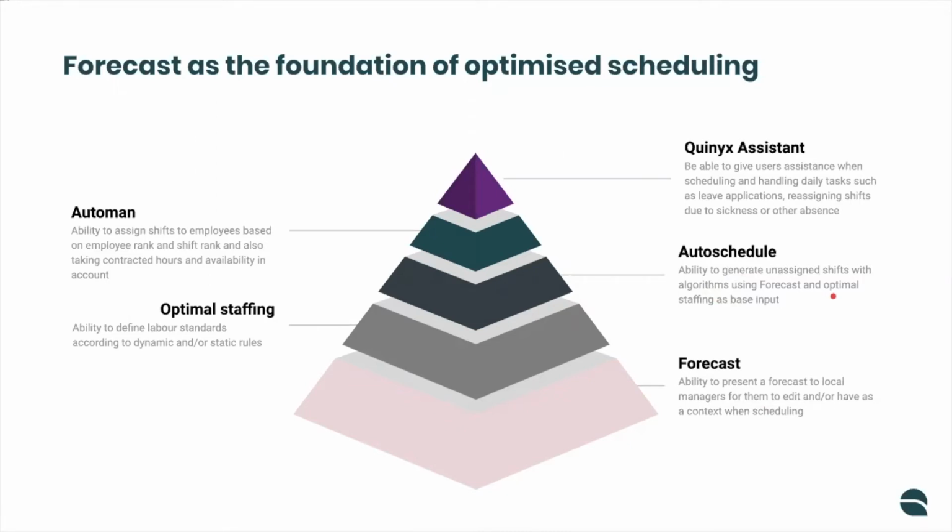Now that we have all of that data, create the shifts, unassigned shifts without the employees associated, using the rules for optimal staffing and also combining other rules associated with shifts, for example, for breaks, etc.